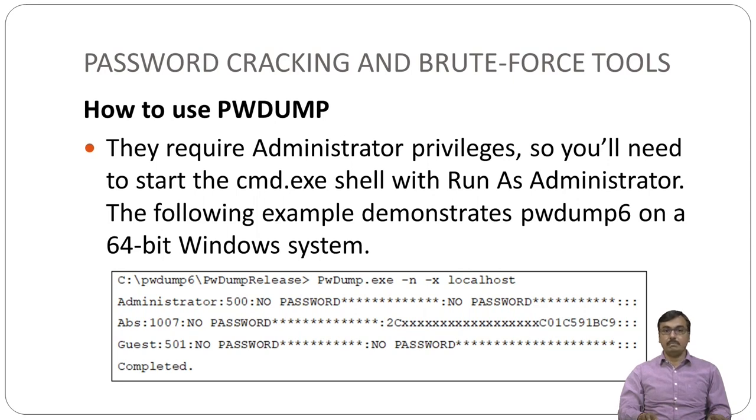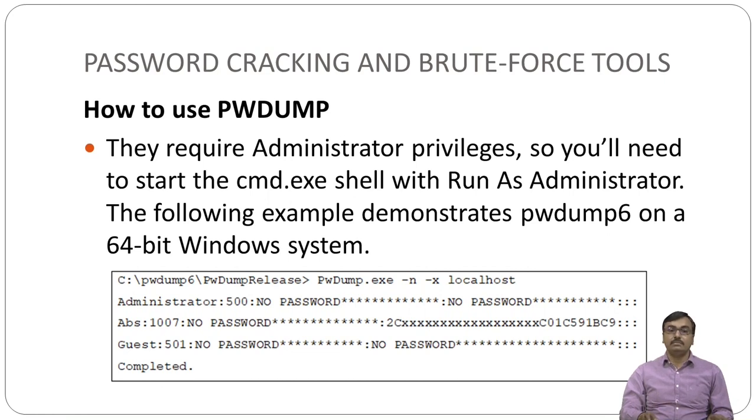The following example demonstrates pwdump6 version on a 64-bit Windows system. As mentioned in this block, here you can see pwdump6 is the folder name which has the pwdump.exe file.